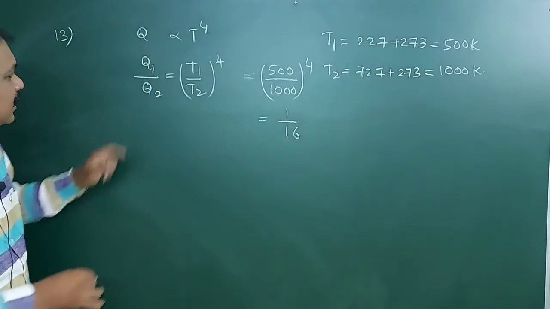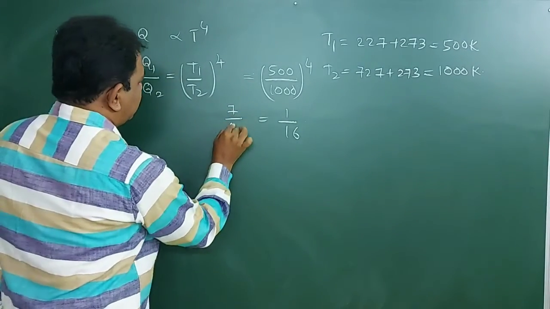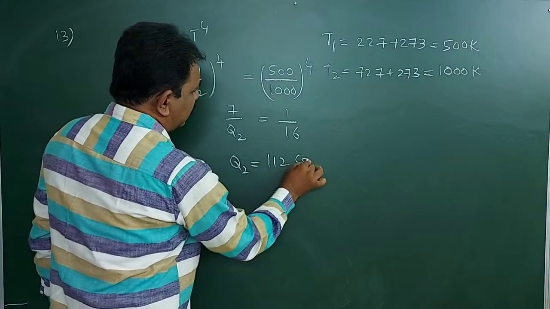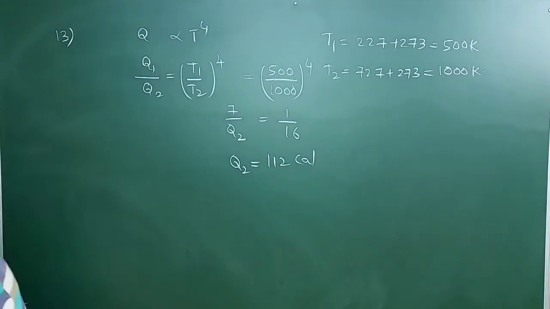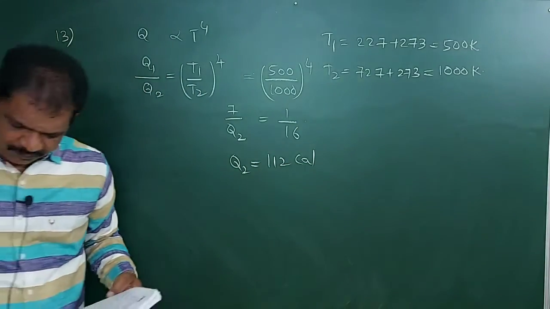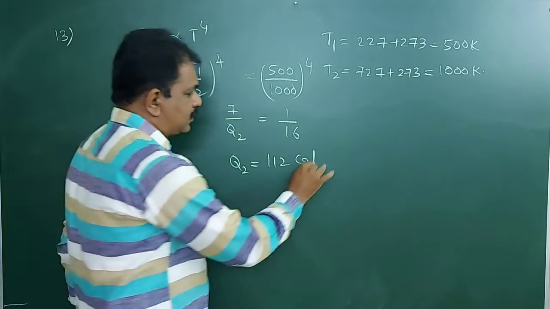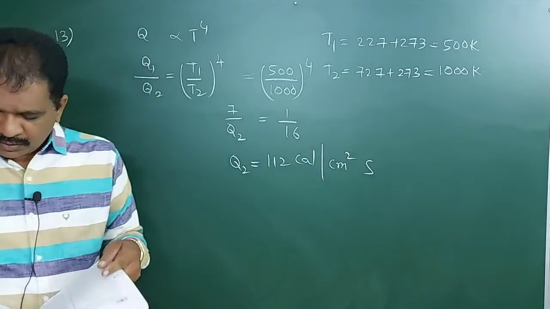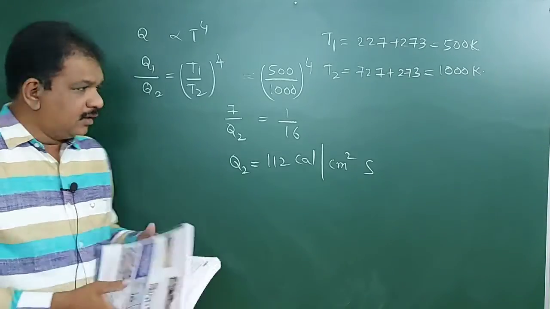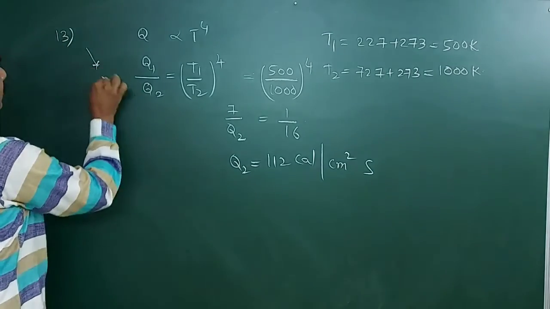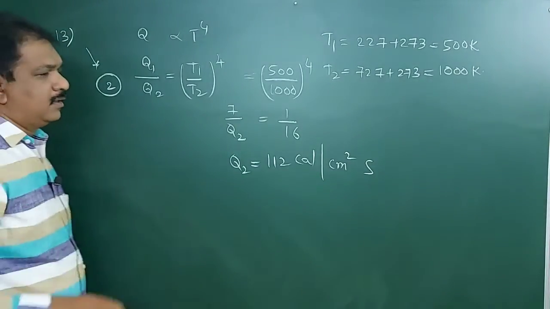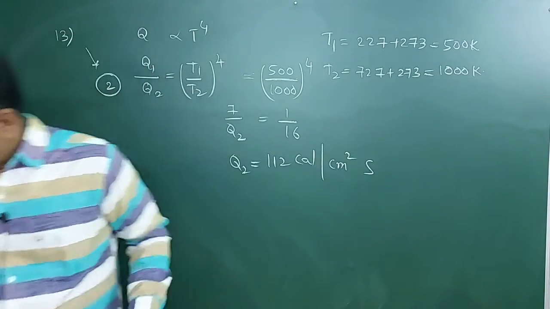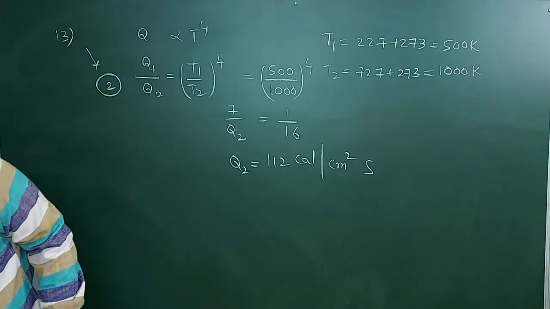They gave this is 7, this is Q1 and we need Q2. 16 sevens are 112 calorie, same unit, per centimeter square per second. Okay. So for 13, it will be the second option.